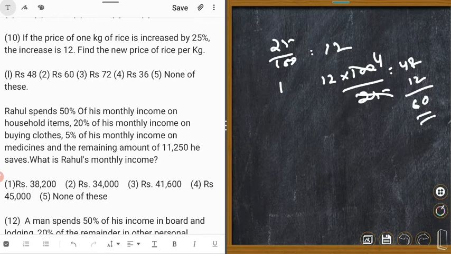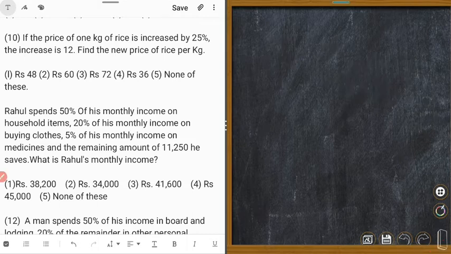Rupees 60. Just 1 minute. Or otherwise we can do like this. Let the price be x. Could you understand? And increased by 12, x plus 12 is equal to how many?